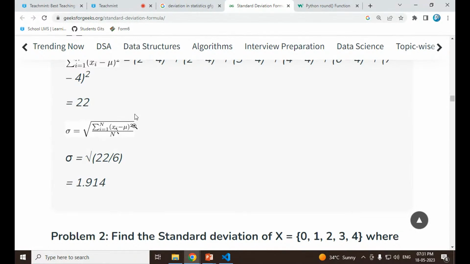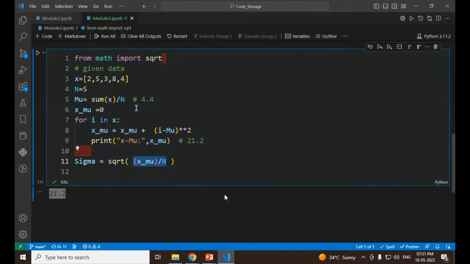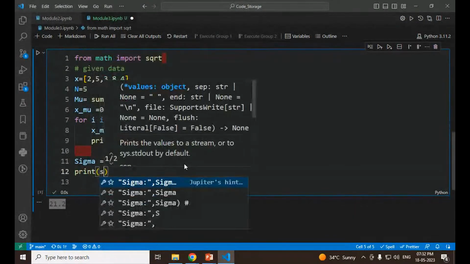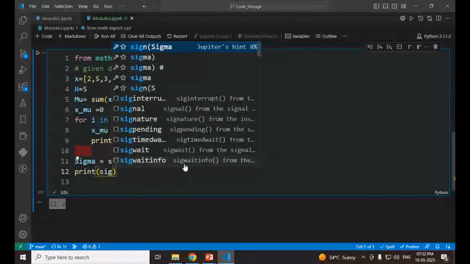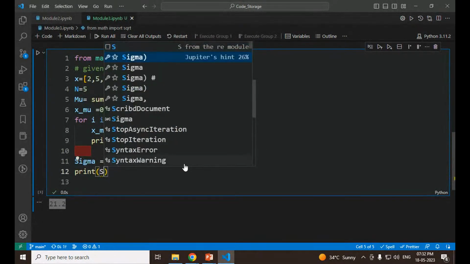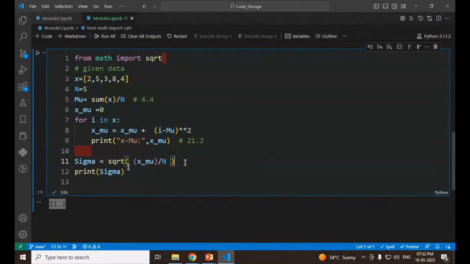The function is ready. Let's get back. Okay, are you ready with the answer? This is the answer. Okay, let's print the answer. Okay, that's my answer.